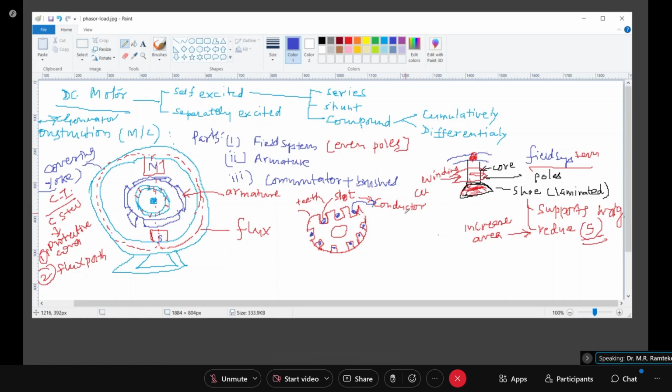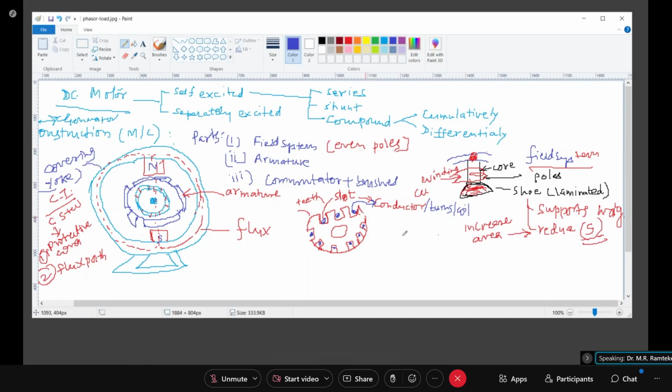Technically speaking, conductor, turns, and coil side are different things. But for us, it is one and the same thing at first year level. Clear? We cannot study all things in detail. So conductor, turns, or coils, it is one and the same thing for us.